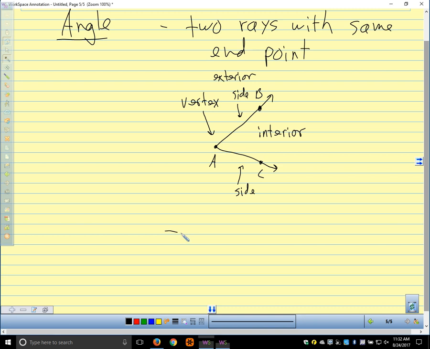Now, naming angles students often find tricky. We name them with 3 points. The vertex has to be in the middle.